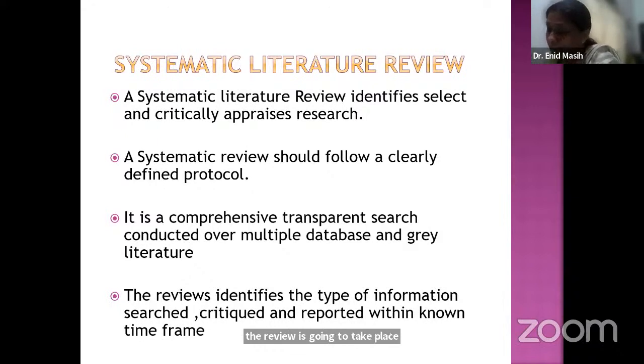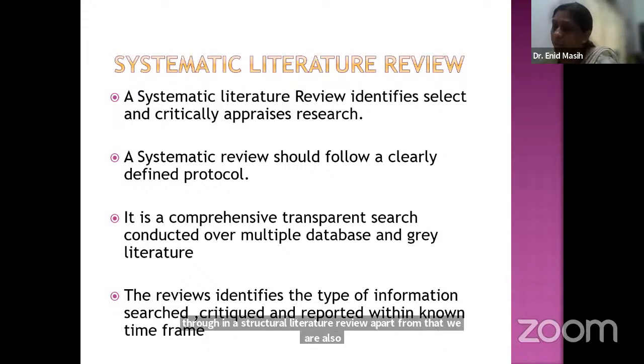This protocol is the plan for how we are going to conduct our research: what type of transparent policies we are going to use, what type of database we are going to use, and how we are going to pick up the literature. Not only multiple databases, but in a structured literature review we are also going to focus on the gray literature.